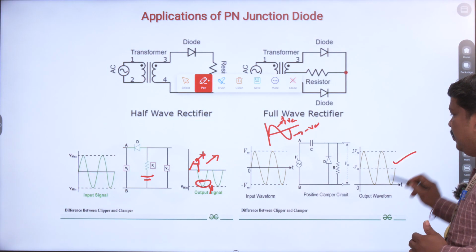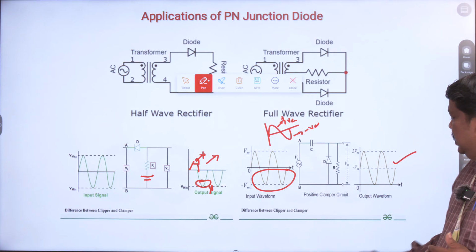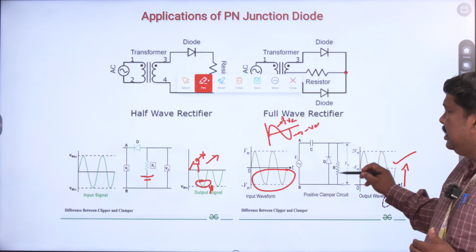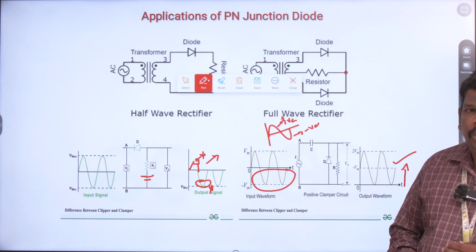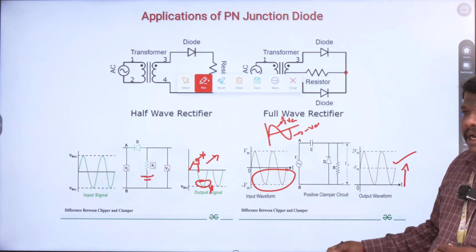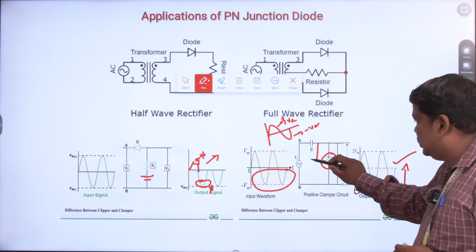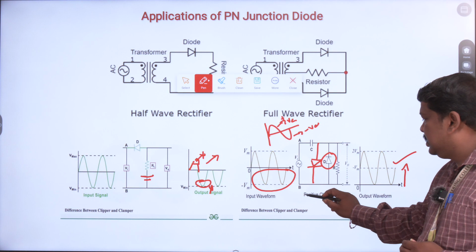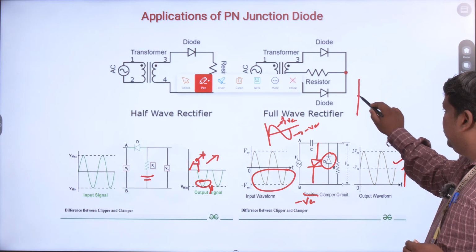You can see in this waveform, the entire negative cycle is shifted to the positive. Now I can say this is your positive clamper circuit. If I need to connect a negative clamper, this diode can be interchanged like this. So my waveforms will be like this.